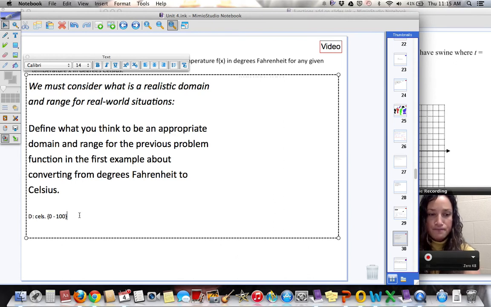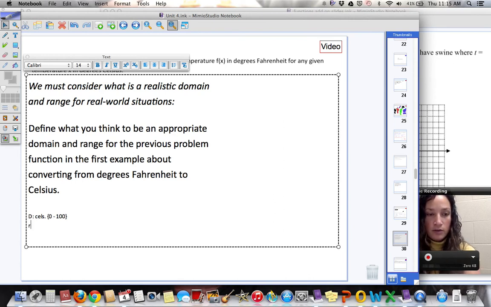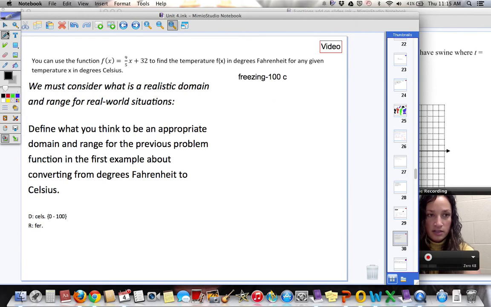So then my range is going to be my Fahrenheit. If we don't know what freezing is, the way we do this is I plug in that small value for X and figure out what my Y would be. So I have 9/5 times 0 plus 32.